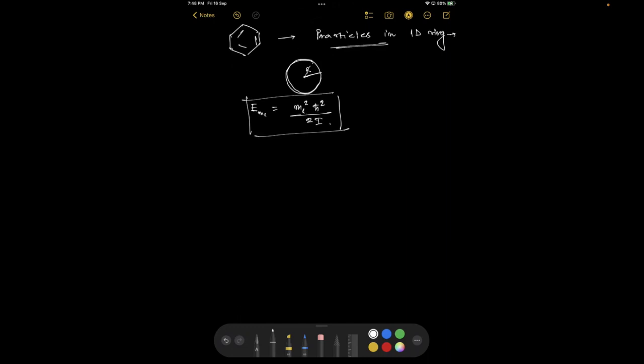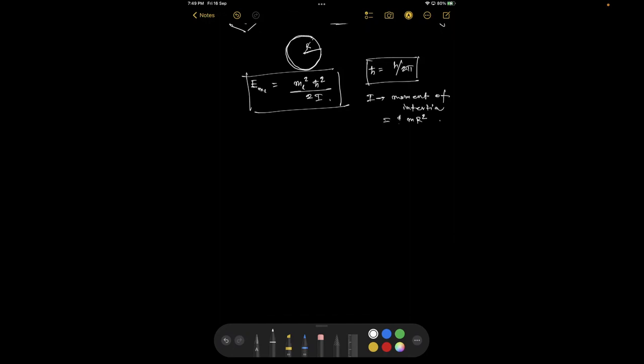So here h bar equal to h upon 2 pi, where h is the Planck constant, and I is the moment of inertia, which is equal to m r square, right? Now ml is the quantum number.